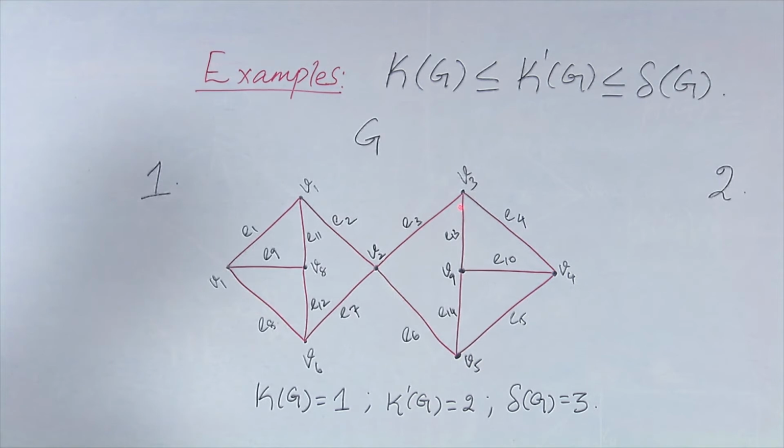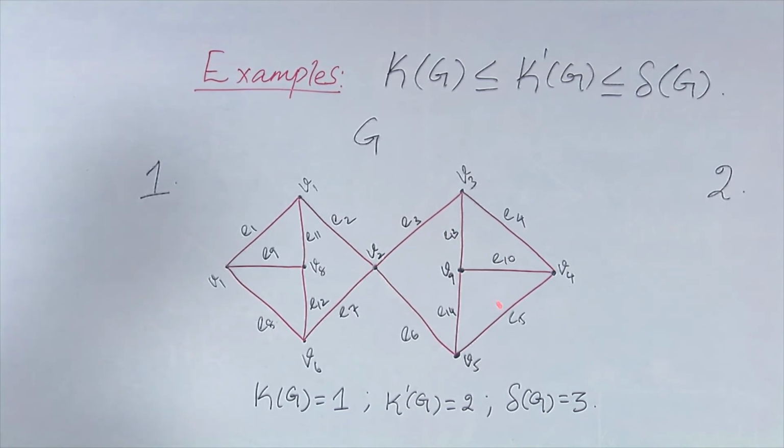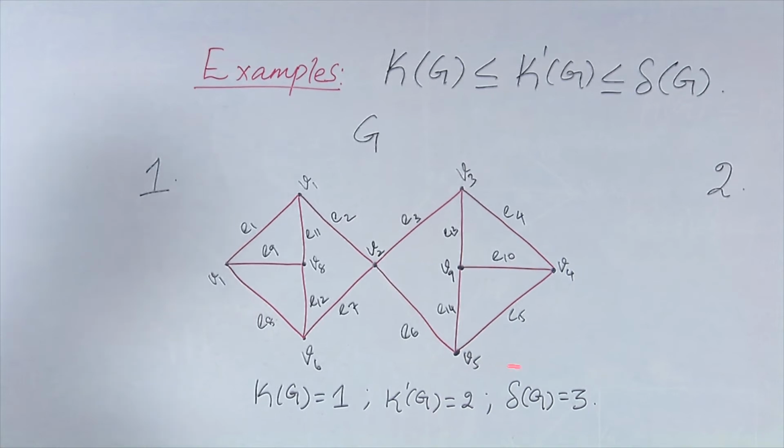As you can see here, this is a vertex V9 which has 3 edges incident on it, namely E13, E10, E14, and the degree of this V9 is 3, and we do not have a vertex that has a degree 2, which means 3 is the minimum degree. Delta of G is equal to 3 here.